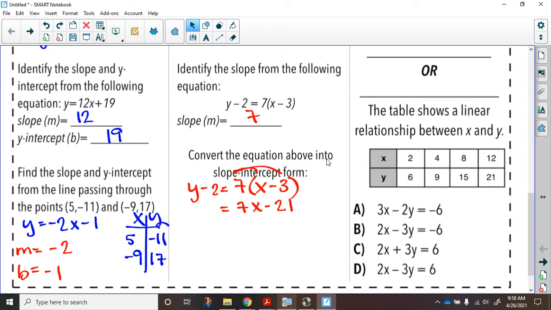And then I'm going to bring down my leftovers. And the last thing that we have to do to solve this problem is add 2 to both sides. When we do this, we get y equals 7x minus 19, because negative 21 plus 2 is negative 19.